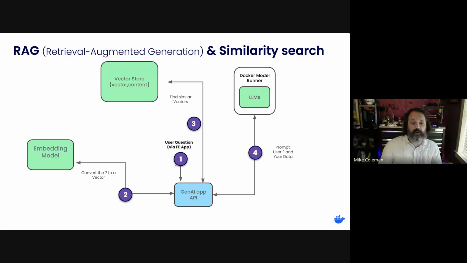When the question comes in, I have to convert the question into a vector so that I can compare it to the vector store. So I get a vector from the question, then I run a function that says, return to me the 5 closest pieces of data from this database that relate to this question.